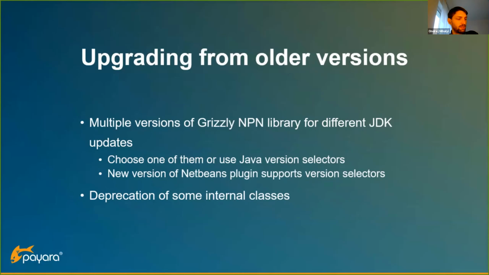And in the default configuration for Payara Server 5.1.8.4, we now use version selectors in JVM options. That means that the server launcher will detect the JDK it uses, and then according to the version of the JDK, it will use different JVM options that apply to that particular JDK.